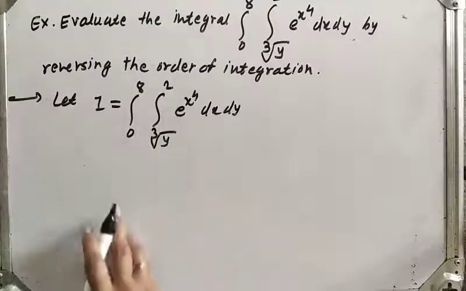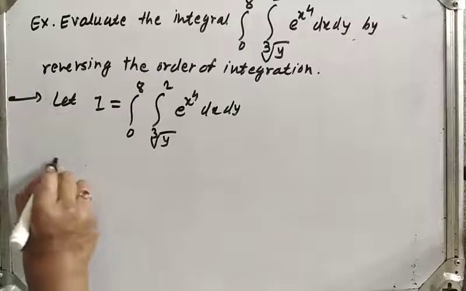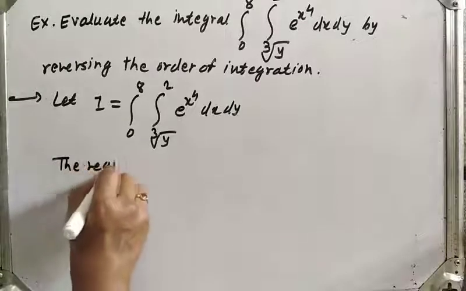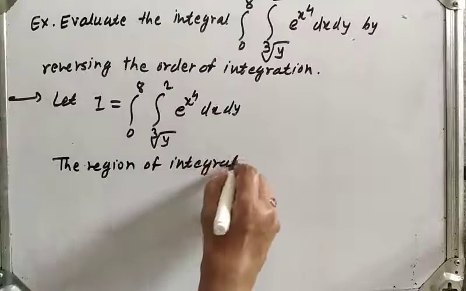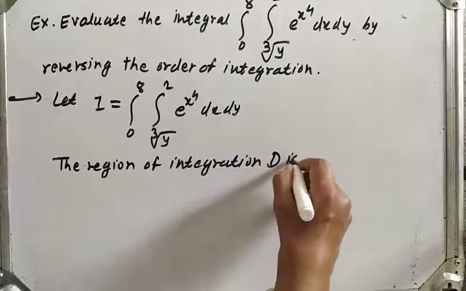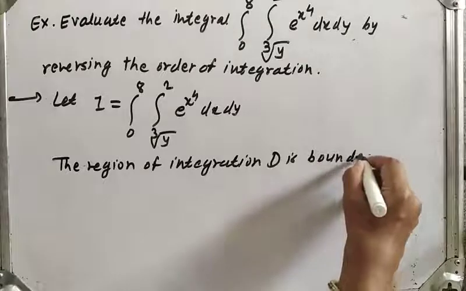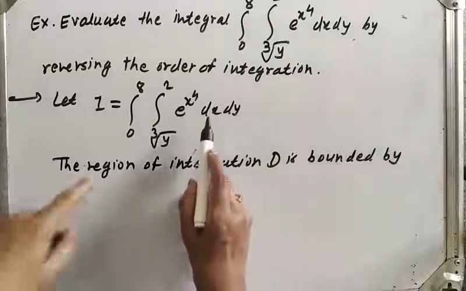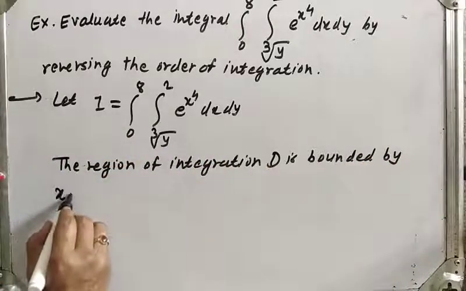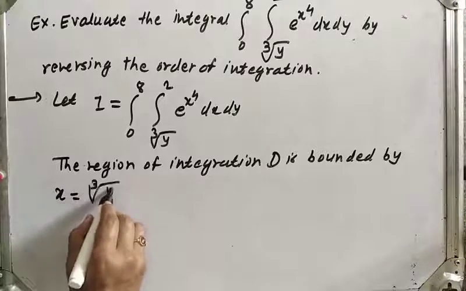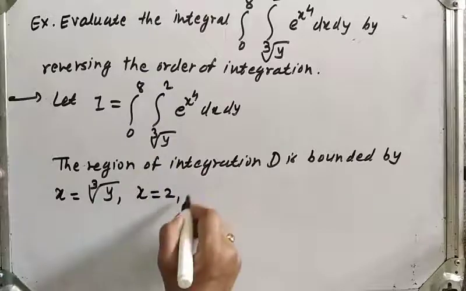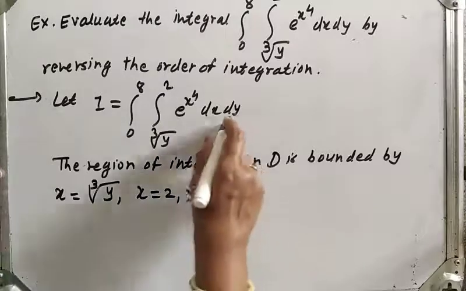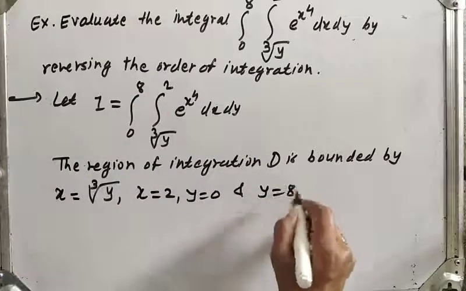So first let us plot the graph. For that we need the region. So the region of integration D is bounded by what? x is equal to cube root of y, x is equal to 2, y is equal to 0 and y is equal to 8.